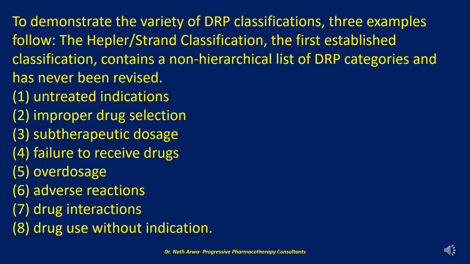To demonstrate the variety of drug-related problem classifications, 3 examples follow. The Hepler-Strand classification, the first established classification, contains a non-hierarchical list of drug-related problem categories and has never been revised. 1. Untreated indications. 2. Improper drug selection. 3.